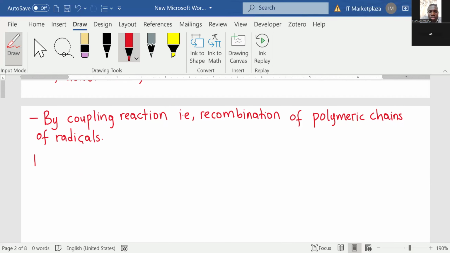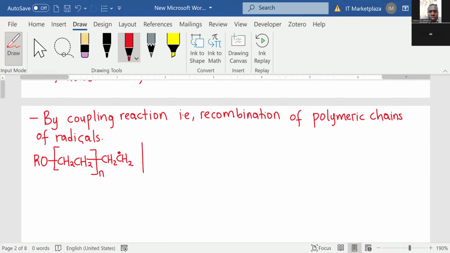Therefore, allow me to write that as RO, followed by CH2, CH2, CH2, CH2 with a dot.